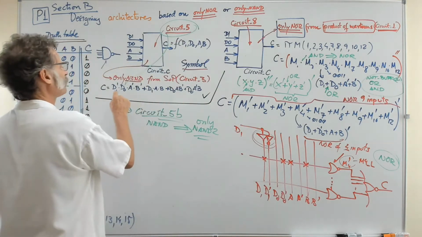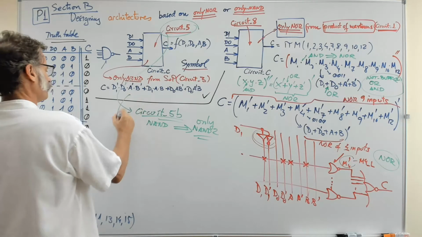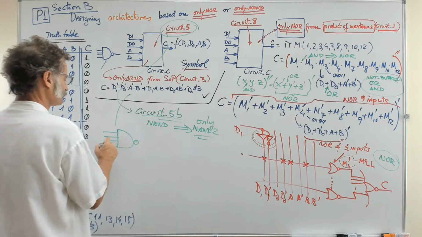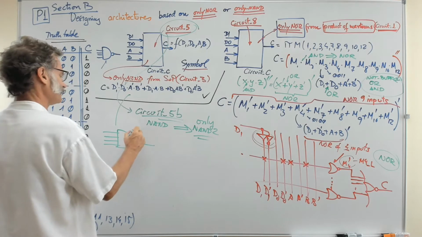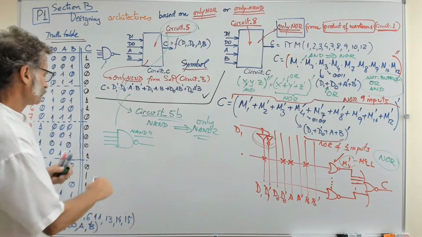Or here you have 1, 2, 3, 4 terms. So here you had what was a third level of gates, a final NAND 4. How can we do that?